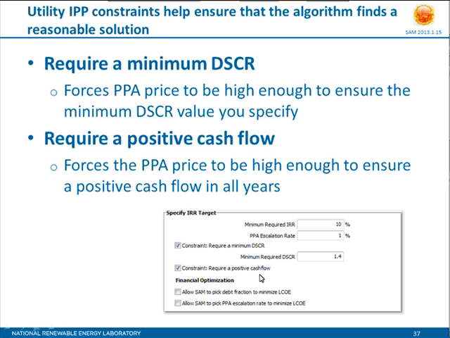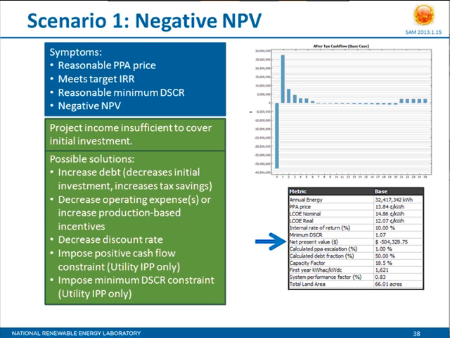You add these constraints or check one of these financial optimization checkboxes, and then rerun the model, and that should help SAM find a solution. But as I mentioned, you're more likely to find that there's some assumption in your analysis that's causing the results that SAM is generating.